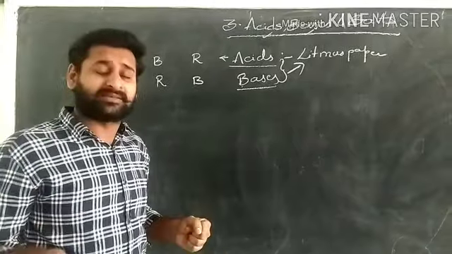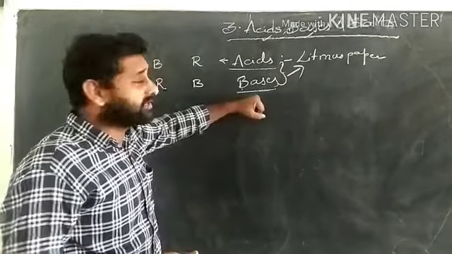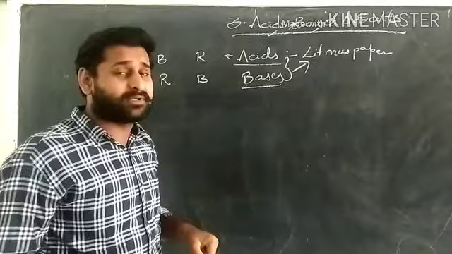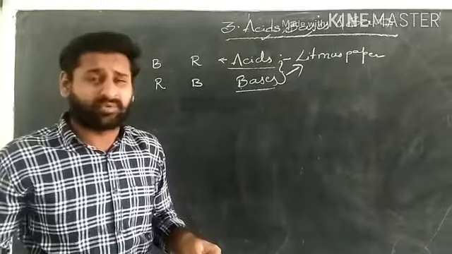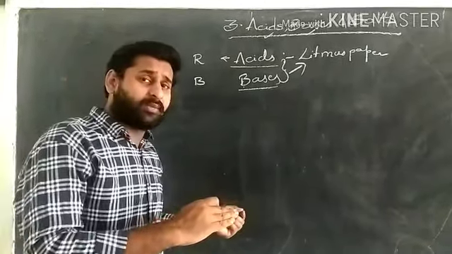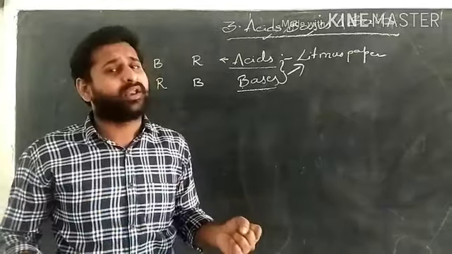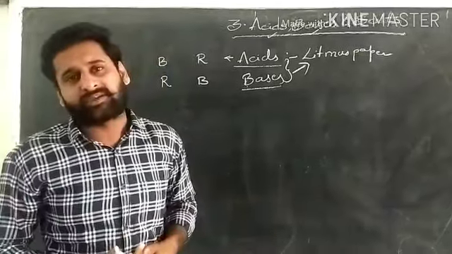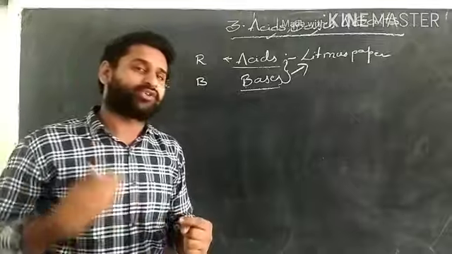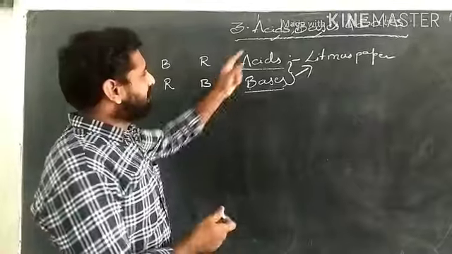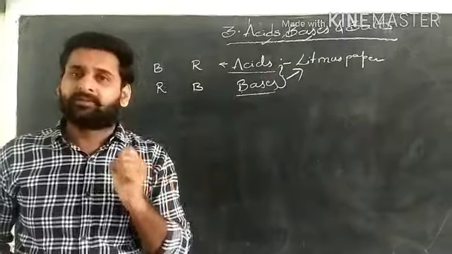If you are aware of part 1, then part 2 of this chapter is very easy. But don't worry guys, maybe you forgot what happened in the last classes. I will recollect the information whenever the topic comes up. So let me start here, acid and base.